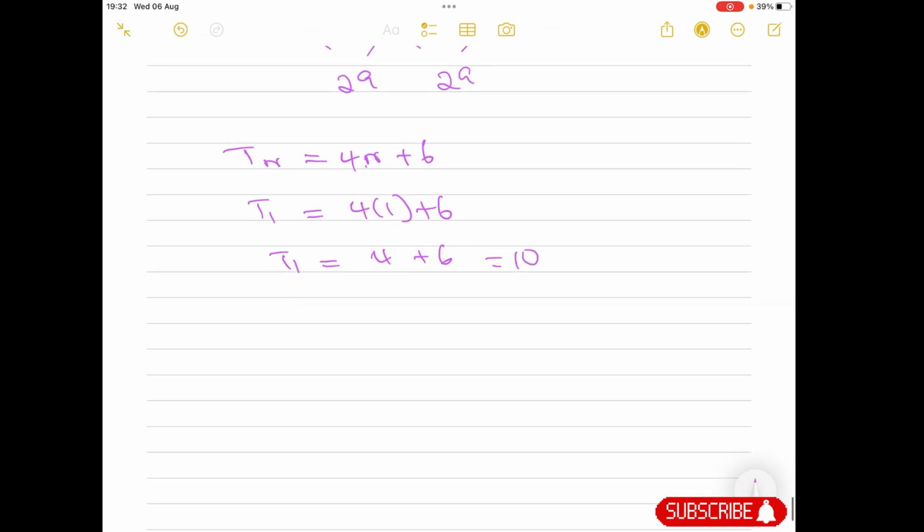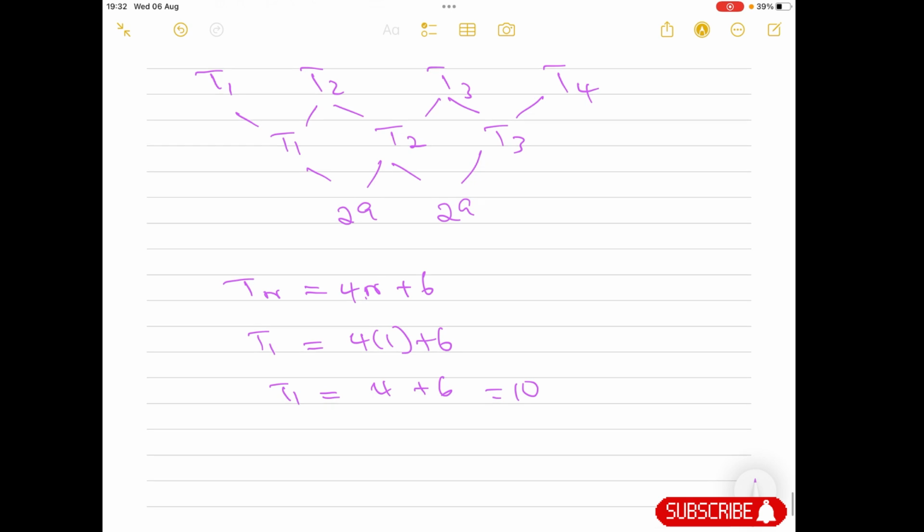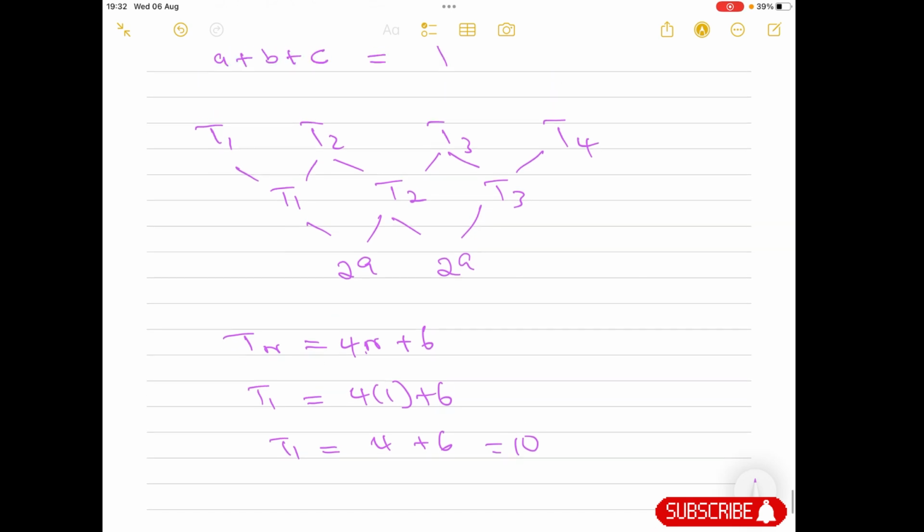So T1 is equal to 10. But remember, don't confuse this T1 and this T1. This is T1 for the first difference. This is T1 for the quadratic sequence.